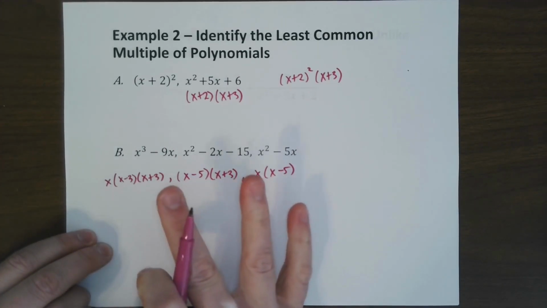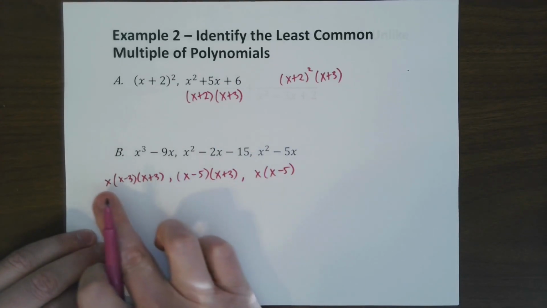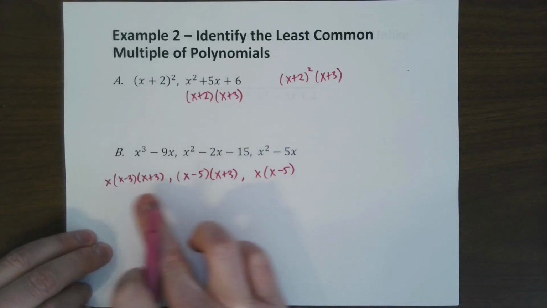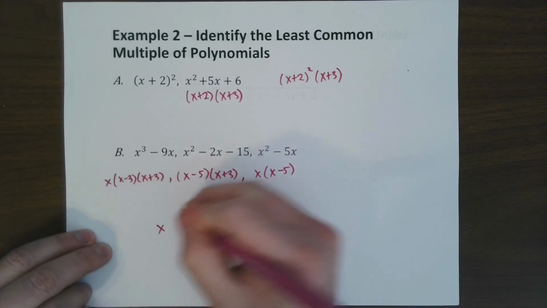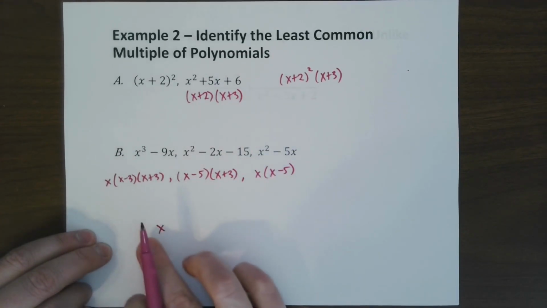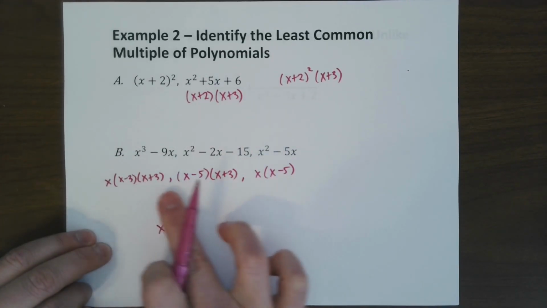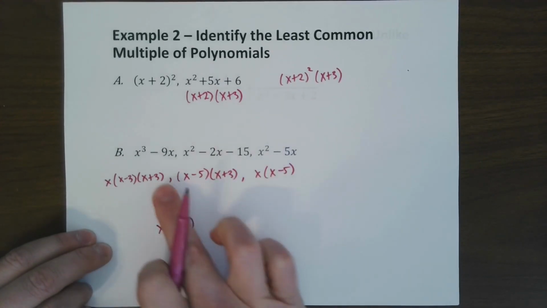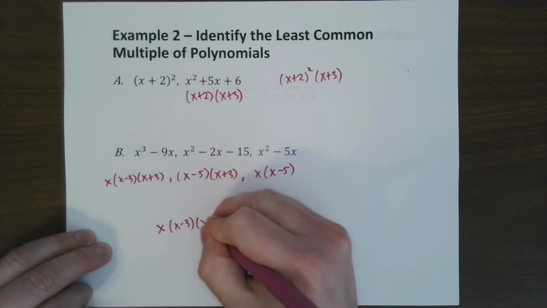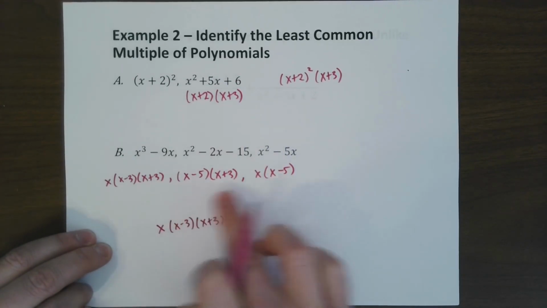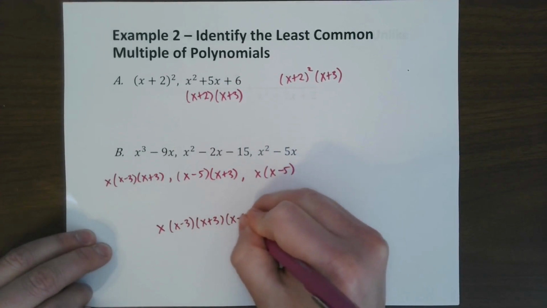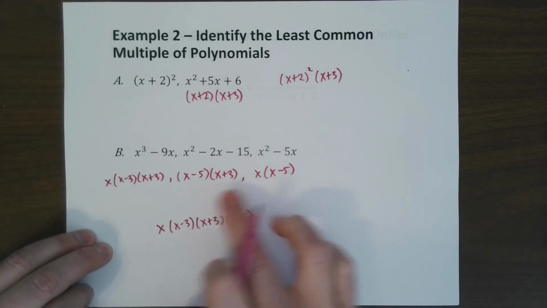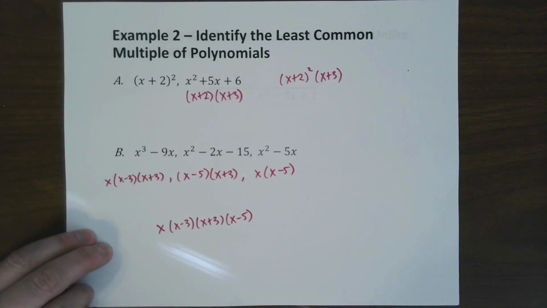For example, these two share an x, so we have an x. Do they share a negative 3? Nope, so we keep that in there. x plus 3, yep. And x minus 5. So in other words, we rewrite this and get rid of any repeats. And that is your least common multiple.